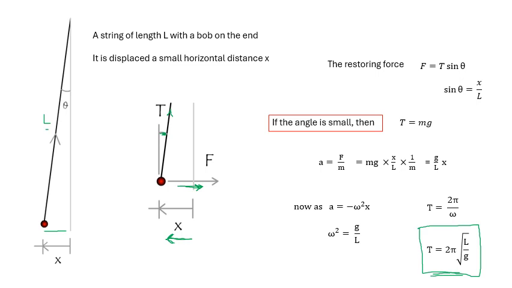I do experiments with a class, and we do an experiment with a pendulum, and the bob of the pendulum should have small oscillations, not massive oscillations. Why? Because then that equation doesn't work. Because in the derivation there is a small angle approximation. We assume that theta is a very small angle.